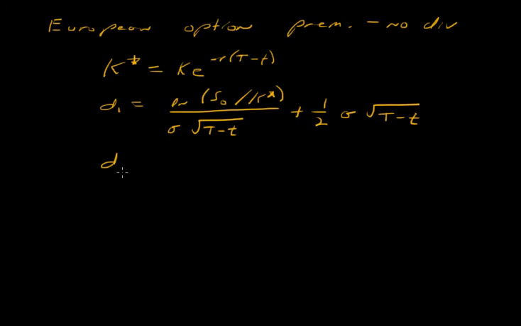Okay, D2 is D1 minus sigma times T minus little t. We're going to take these values and we'll plug them into a normal distribution.